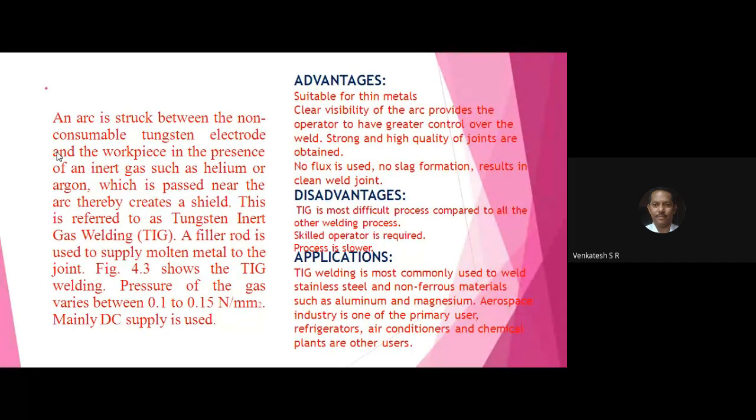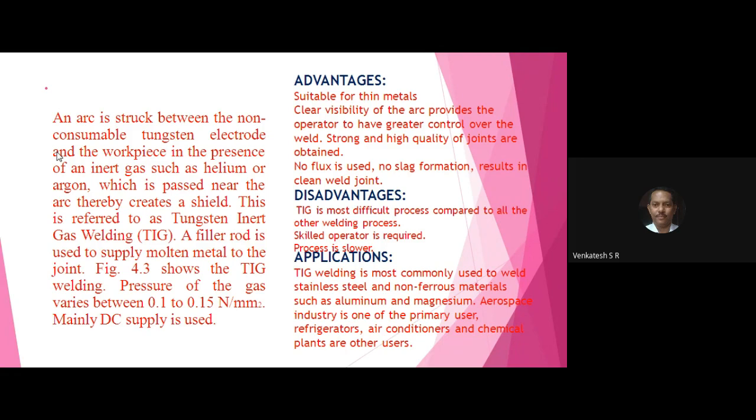And the workpiece in the presence of an inert gas such as helium or argon, which is passed near or around the arc.